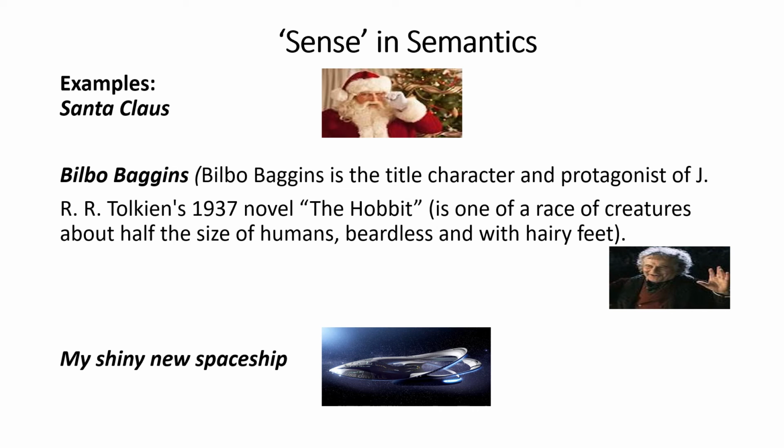The normal human height is 5 to 6 feet, so half means 3 or 4 feet. Beardless means there is no beard, a clean-shaven face. Hairy feet means there is hair on the feet. This is also understood by the community of that particular group. Maybe some of you know about Bilbo Baggins. This is an imaginary figure, not a real figure.